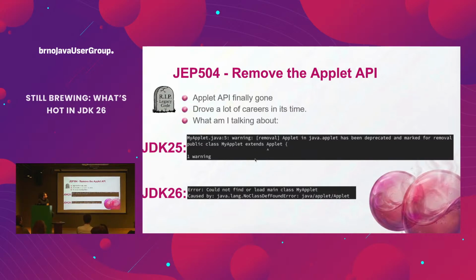But with JDK26 this ends, and the Applet API is no longer available. Even if you compile the code with an older JDK, you can't run it with JDK26. So if you are dependent on the Applet API, well, bad luck. That's it for this JEP. Anyone? Anything?